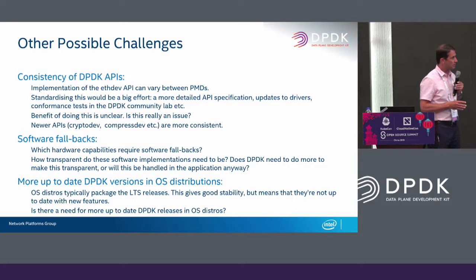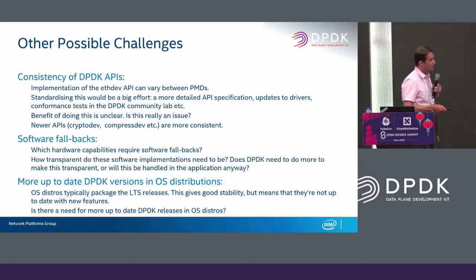The question that always comes up is, do we need to do more software fallbacks? We don't have software fallbacks for RTE flow, for example. And do we need to make those more seamless, hide the details more from the application? There are pros and cons to doing that. And again, it's not clear that there's a need, because that complexity probably needs to be handled in the application anyway.